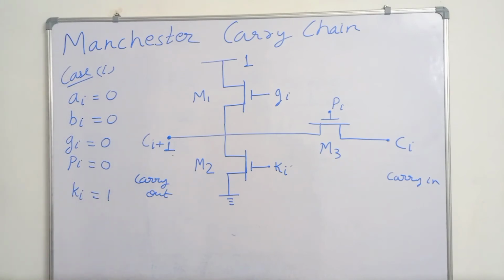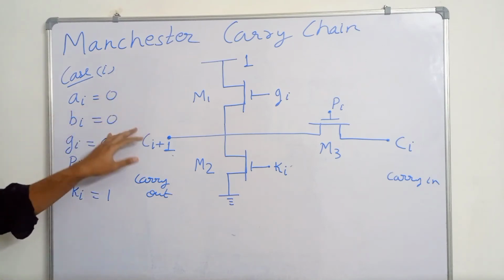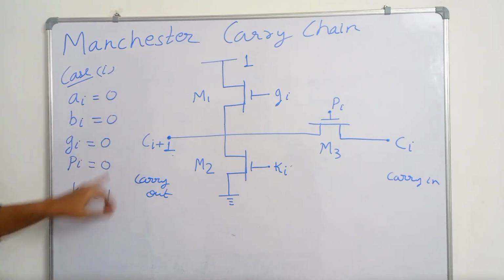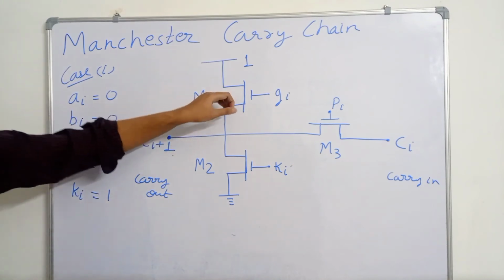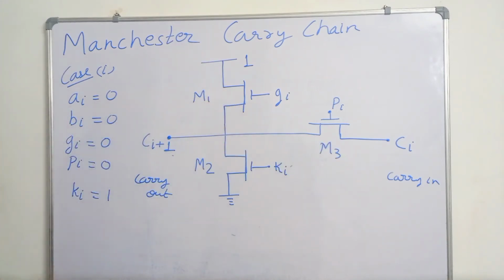We know that when the gate voltage of an NMOS is logic low, then that NMOS is turned off. So M1 will be turned off, M3 will be turned off, but M2 will be on.